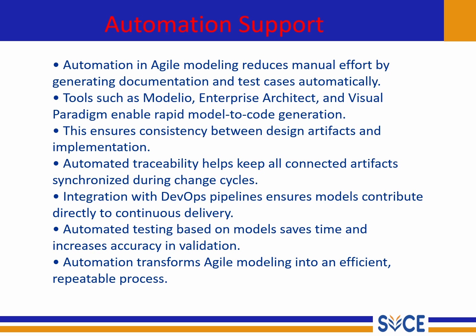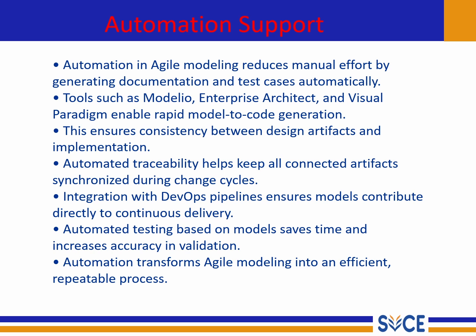And the next one is automation support. Automation in agile modeling reduces manual effort by generating documentation and test cases automatically. Tools such as Modelio, Enterprise Architect, and Visual Paradigm enable rapid model to code generation. This ensures consistency between the design artifacts and implementation.